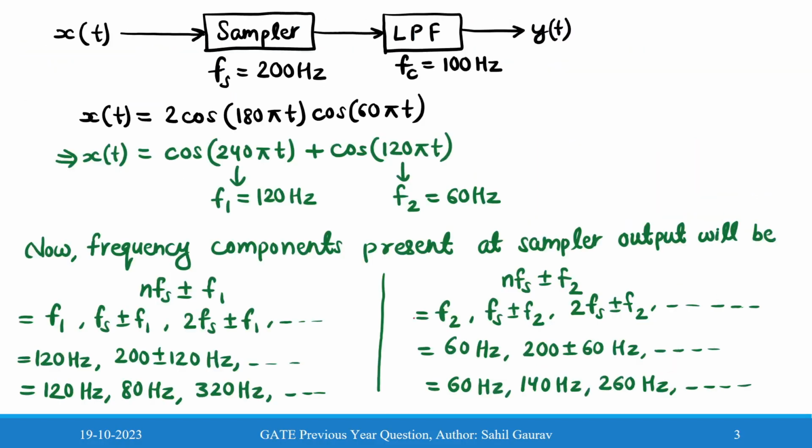This is the block diagram for the problem. We have the input signal x(t) going through the sampler whose sampling frequency is 200 Hz.